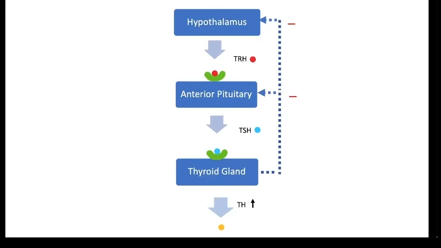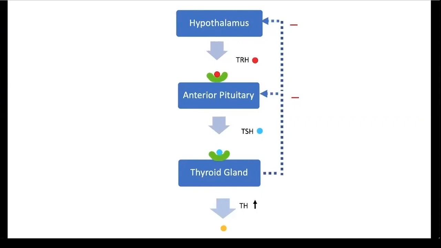This stimulates the release of thyroid hormone into the blood. As the levels become elevated, a negative feedback mechanism occurs, going back to the anterior pituitary as well as the hypothalamus. This will decrease the release of TRH and TSH.